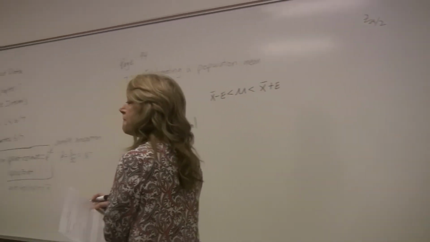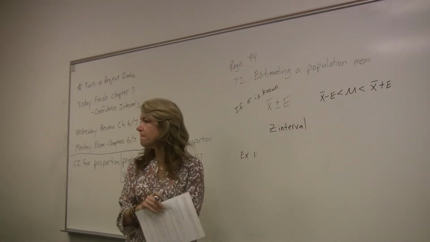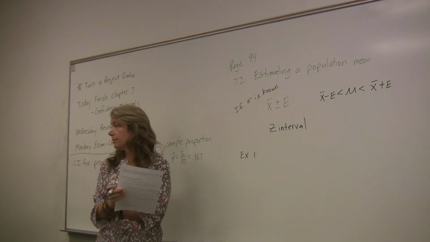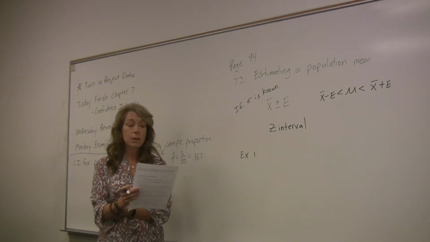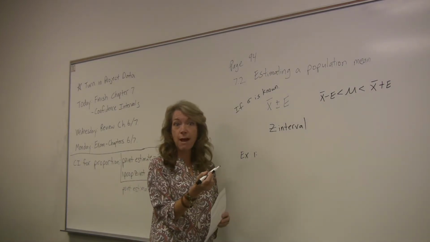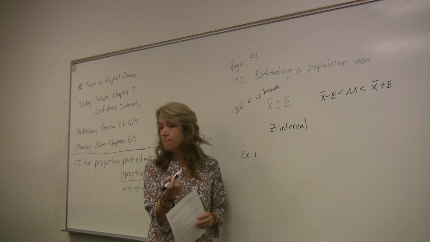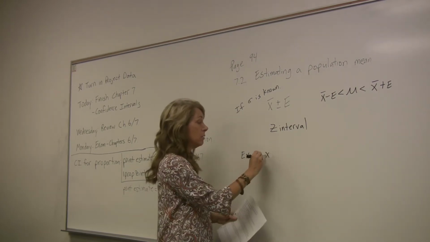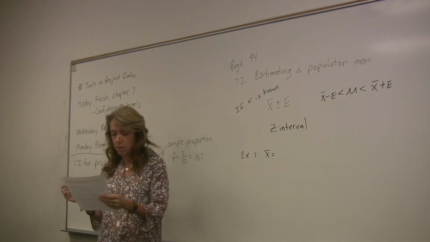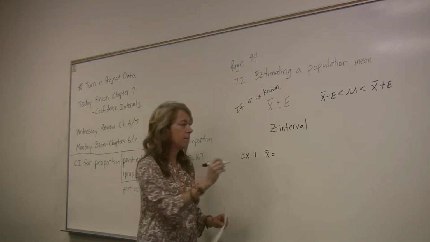So first off, talk to me about what's been given to us. The sample mean. So how do I write the sample mean? What's my notation for that? X bar. So the sample mean was given to us, that's X bar, 58.3.